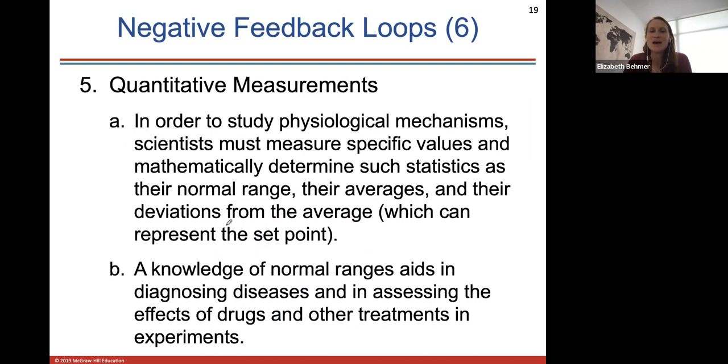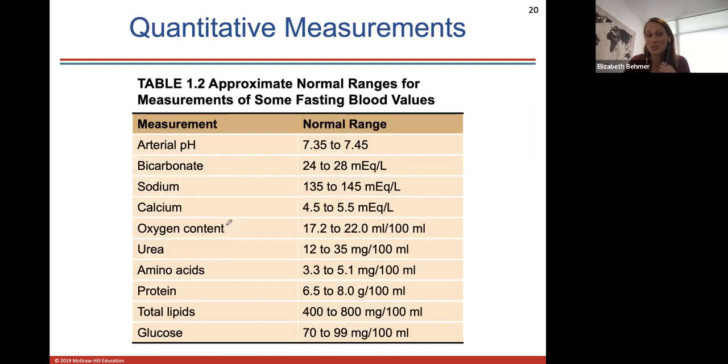Quantitative measurements. In order to study physiological mechanisms, scientists must measure specific values and then mathematically determine such statistics as their normal range, their averages, and any deviation from average, which could be the set point. A knowledge of these normal ranges will aid in diagnosing a disease and assessing the effectiveness of a drug and other treatment.